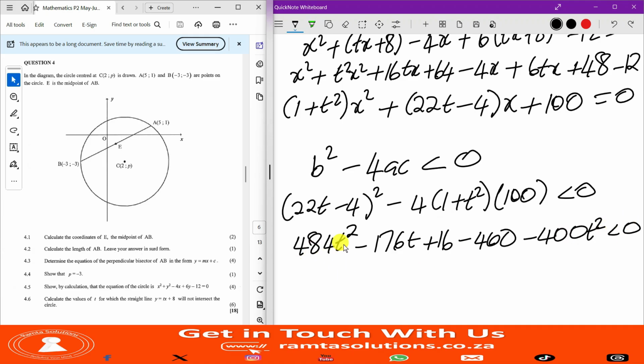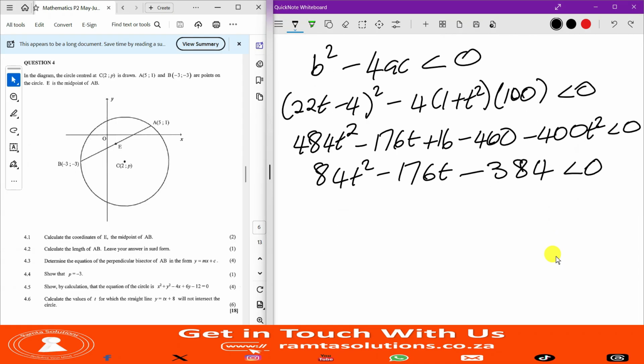So 484t squared minus 400t squared is 84t squared, minus 176t, and 16 minus 400 is minus 384. This is less than 0. Guys, you have calculators, so please try to use the quadratic formula for this. But I do see I can divide it by 4.